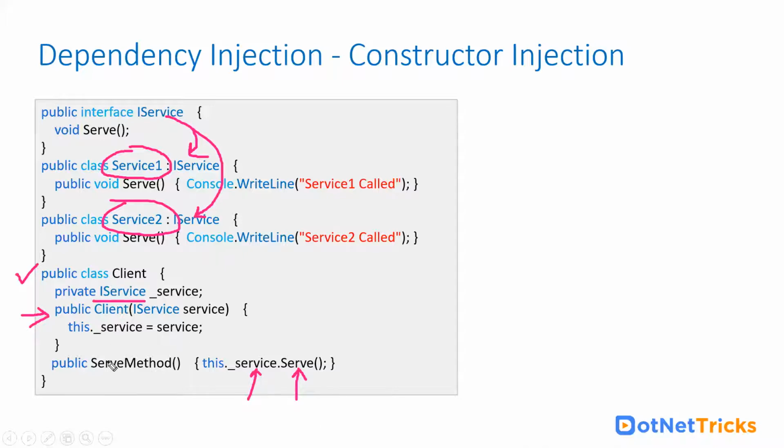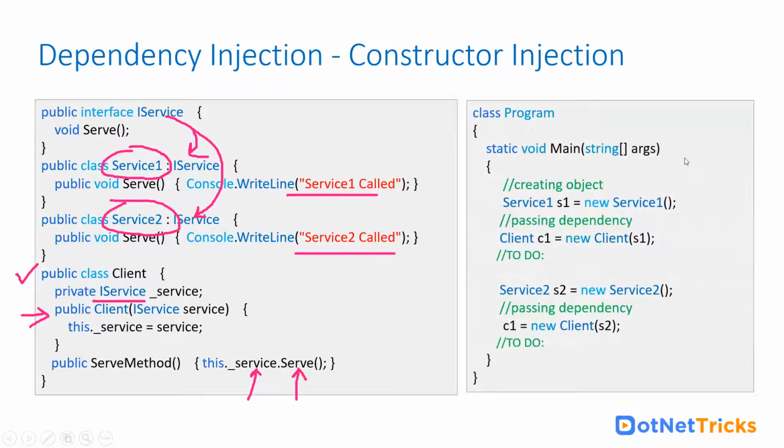But if you look at this client class, it is not decided which implementation of the service we are using, whether service 1 or service 2. It is going to be decided at runtime. When you run this code, at that time we create the service 1 class object. And whenever we create the client class object, at that time we pass this dependency.